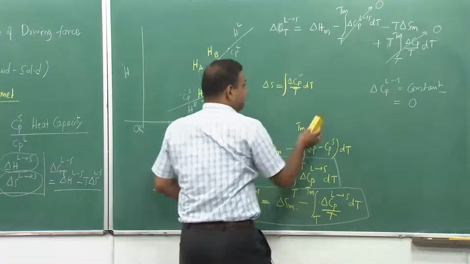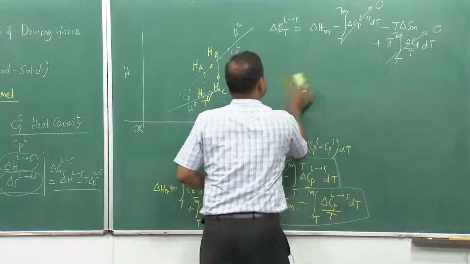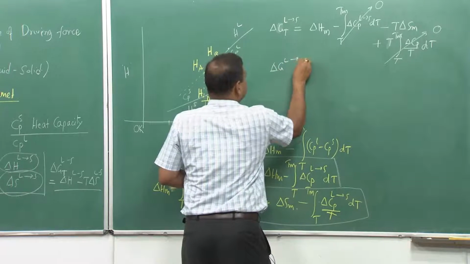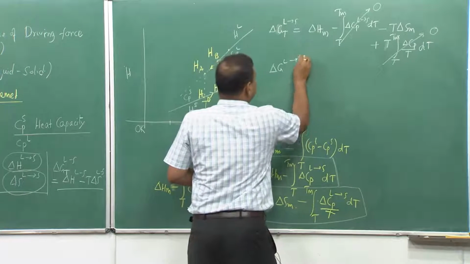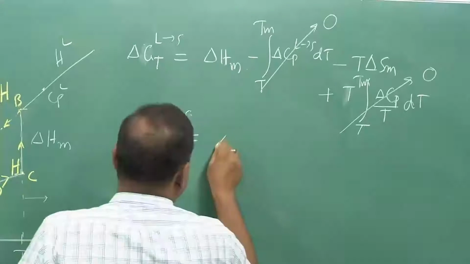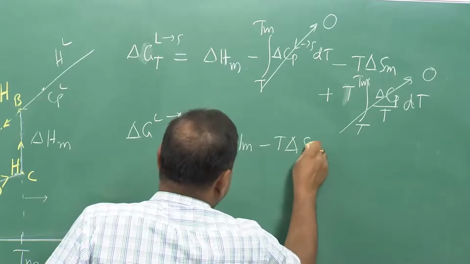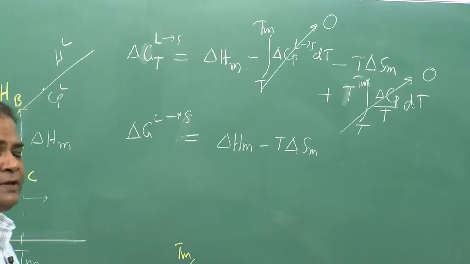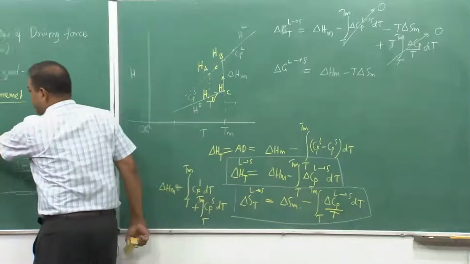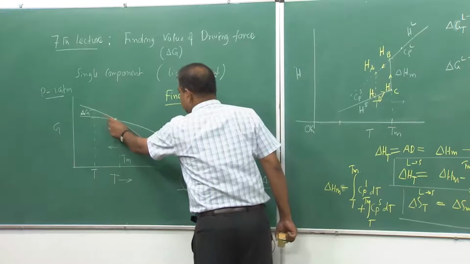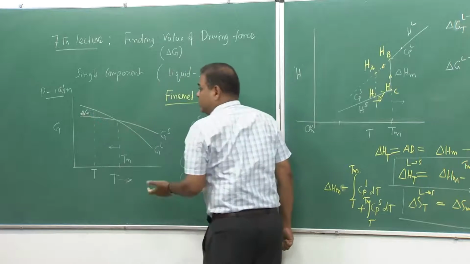Now, if we take del G liquid to solid, it is going to be del Hm minus T del Sm. If we see this diagram, we see that at melting point this value is 0.